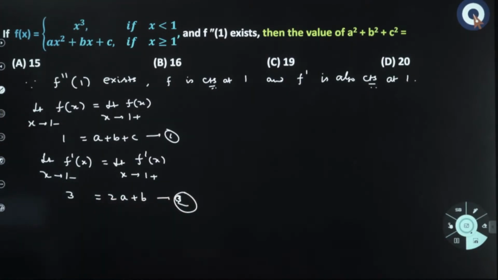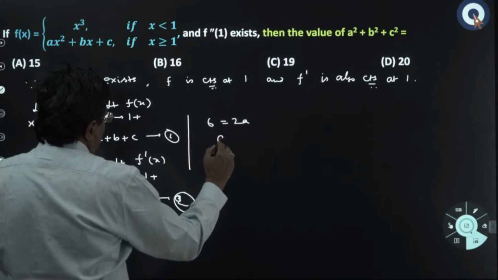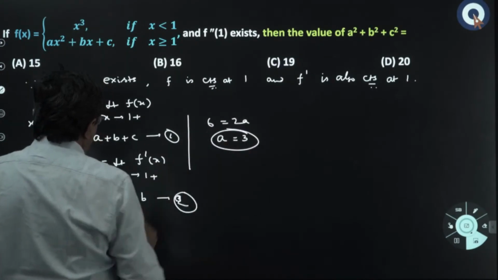Next, at x is equal to 1, basically the left hand derivative is equal to the right hand derivative, right? Because f double dash 1 exists. So at x is equal to 1, we have 6 is equal to 2a. So a is equal to 3.